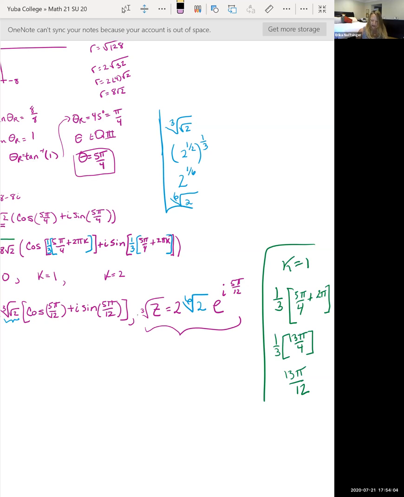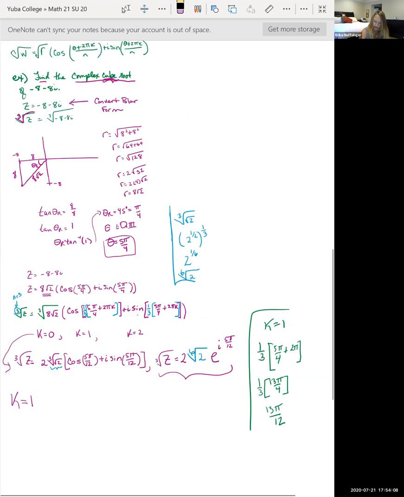So if we have k is equal to 1, then we can rewrite it. Let's just do it in green then.